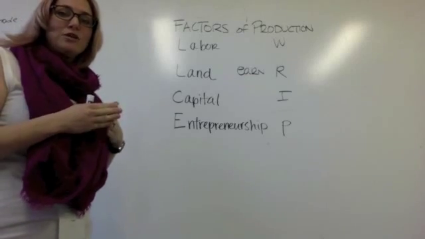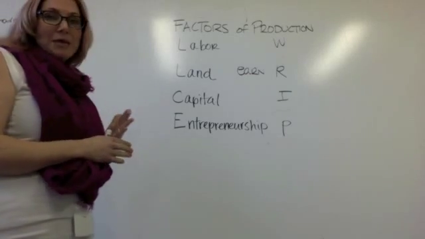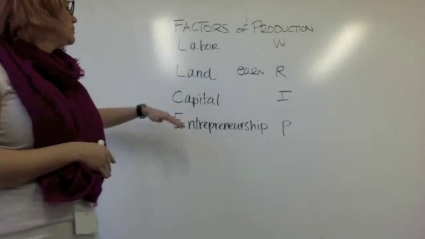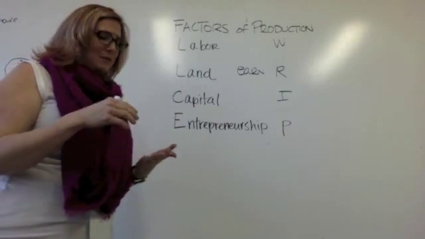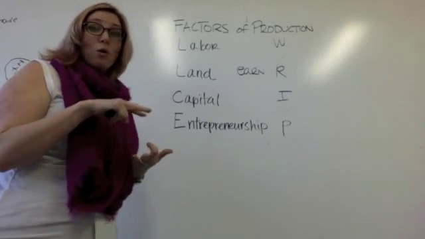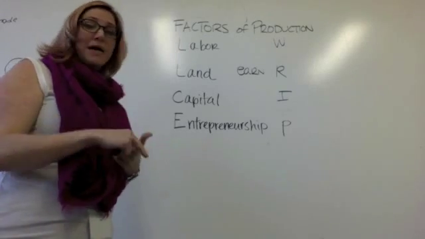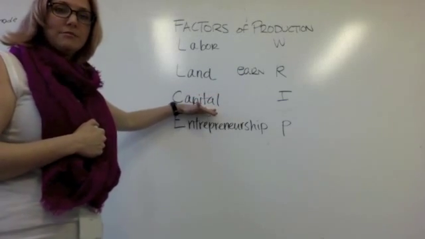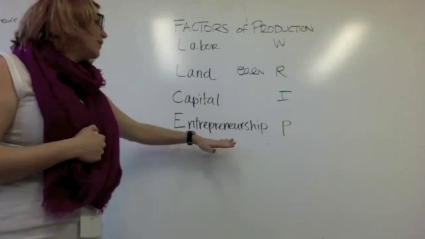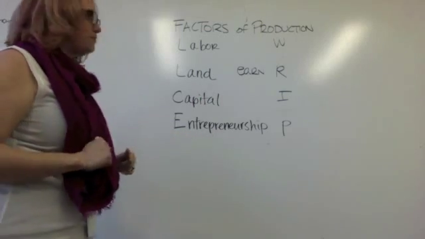It is a natural resource. It is naturally made, nature-made. Capital, that's going to be anything that is man-made. That's going to be a building or a tool or loans, money. It's going to be anything that is man-made. Just remember that. And then, of course, you, the entrepreneur.